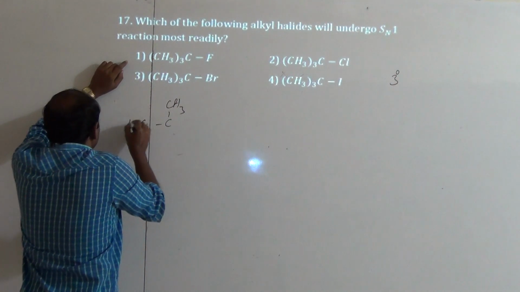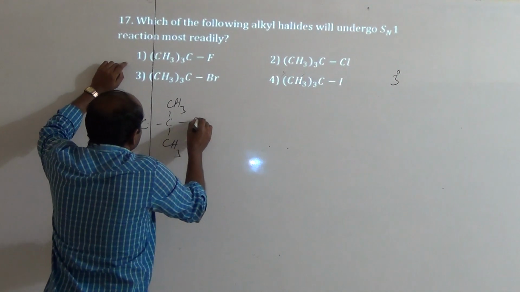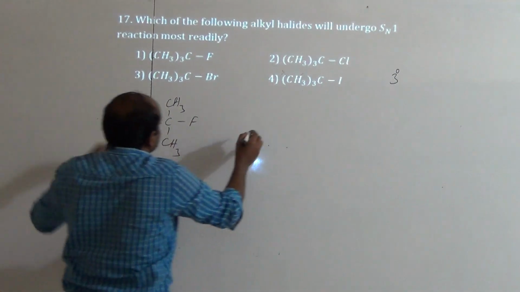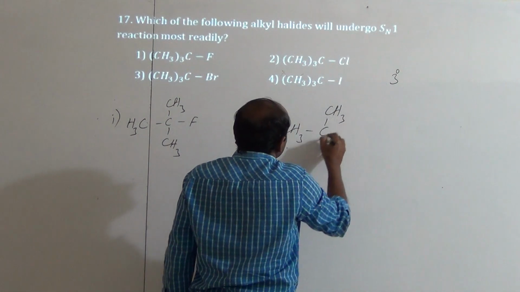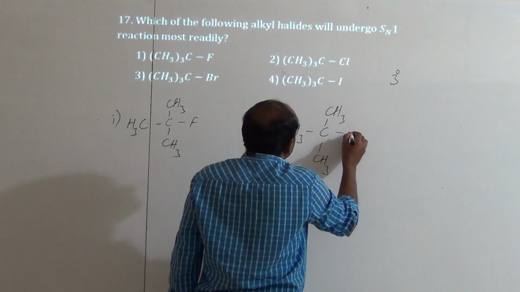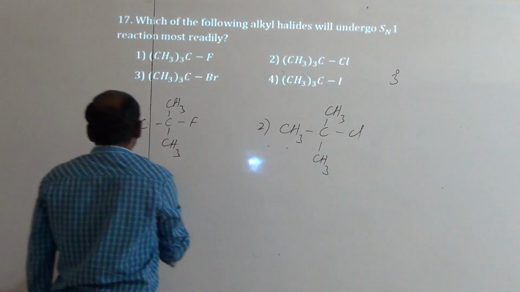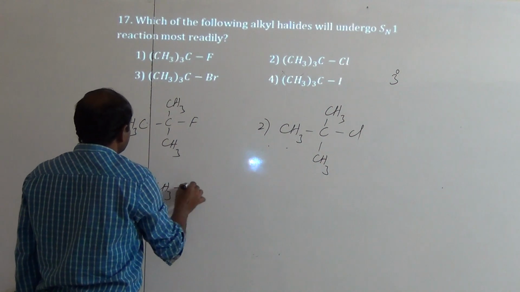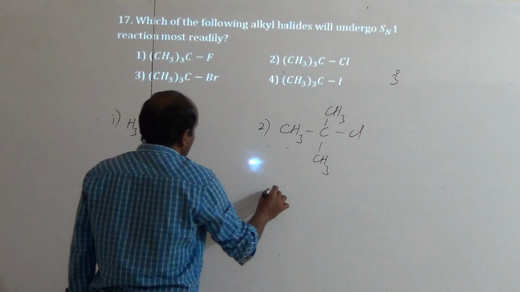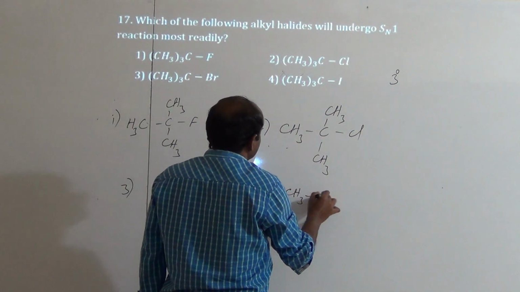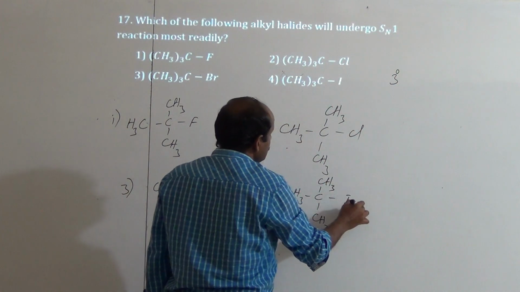The first option is the tertiary butyl fluoride, the second option is the tertiary butyl chloride, the next option is the tertiary butyl bromide, and the fourth option is the tertiary butyl iodide.